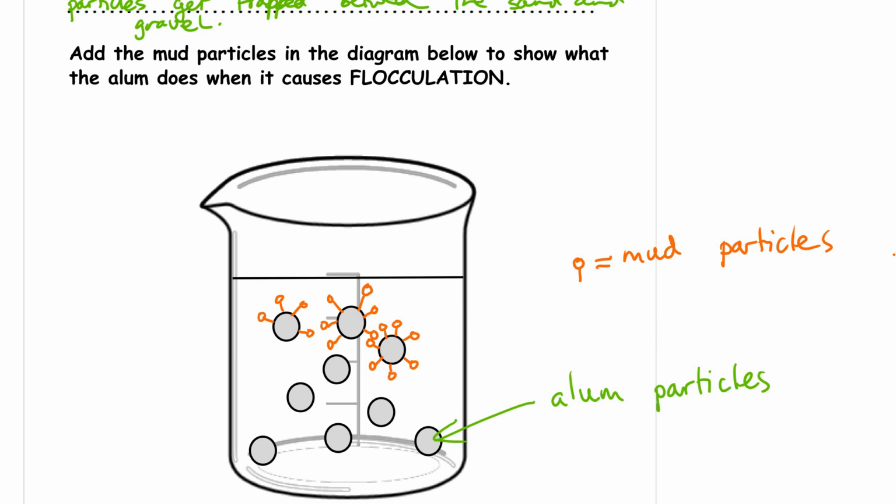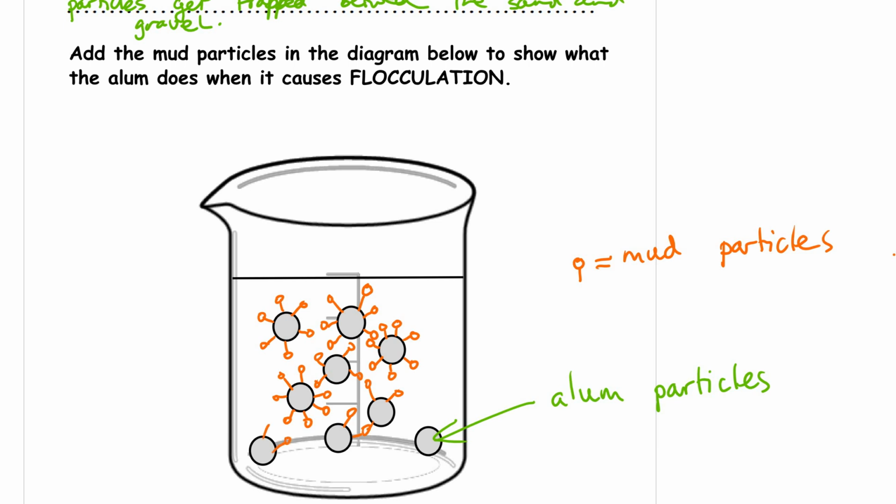So on their own the mud particles would sink, but because their mass is small, they don't sink very quickly, whereas these particles are much, much heavier and they're going to sink much, much more quickly. I hope that makes a little bit of sense to you.